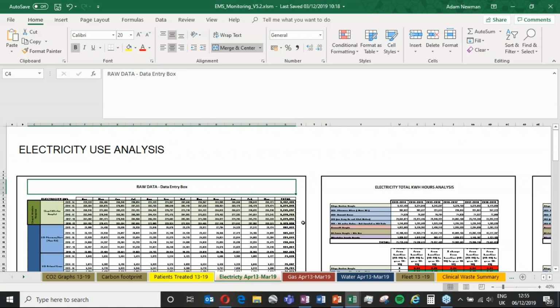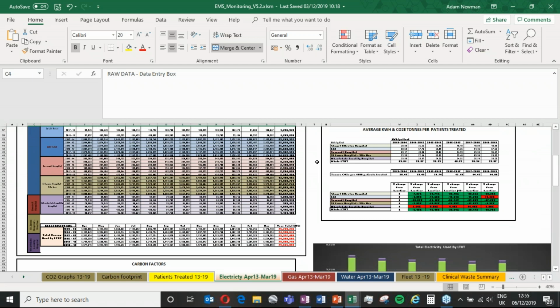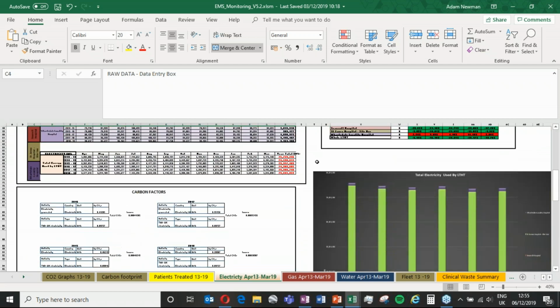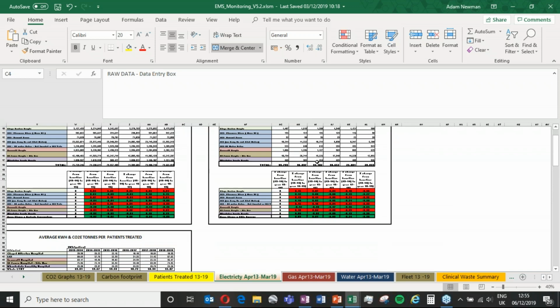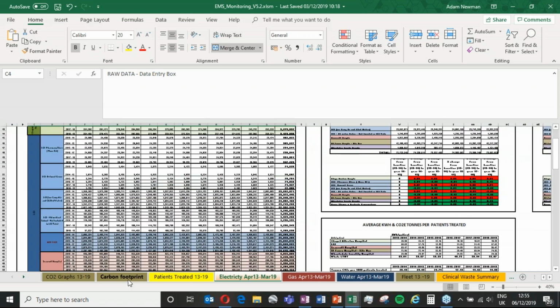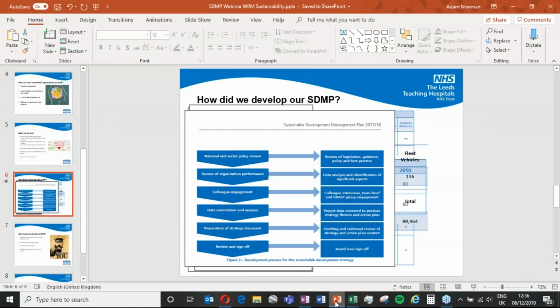I'm not going to dwell into too much detail because it's too much to go through now, but you can see the level of detail that we try to get on electricity figures, gas figures, water, fleet, waste, and all those sorts of things in order to provide the most accurate and usable data in order to assess your performance as a trust in terms of efficiency, in terms of carbon baselines and the like.